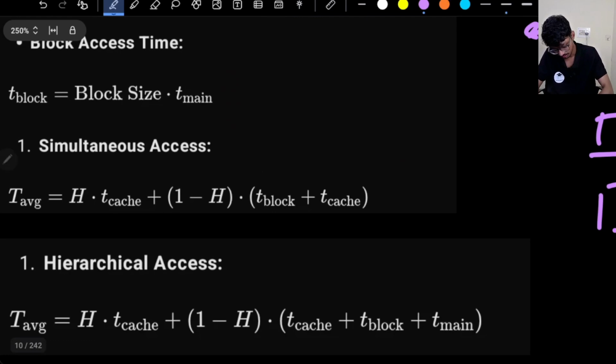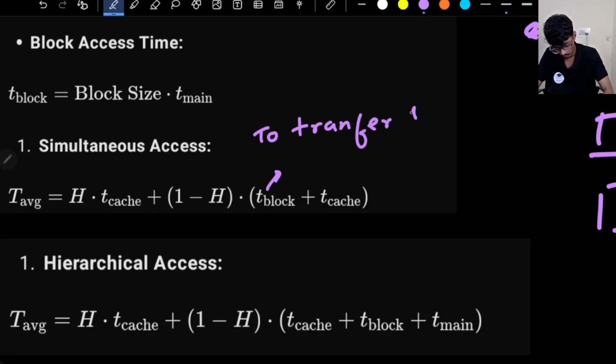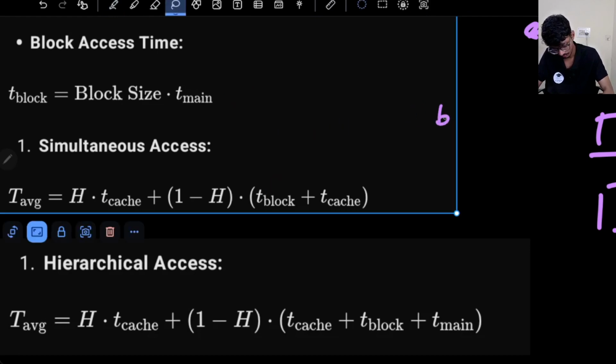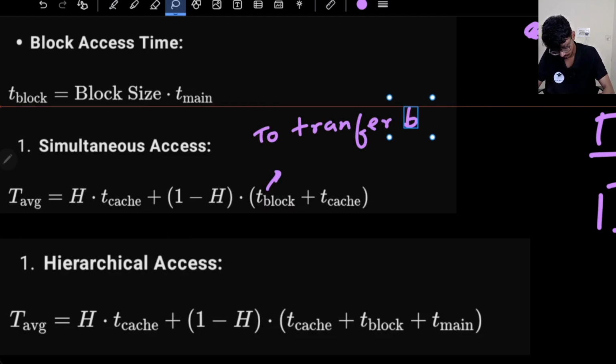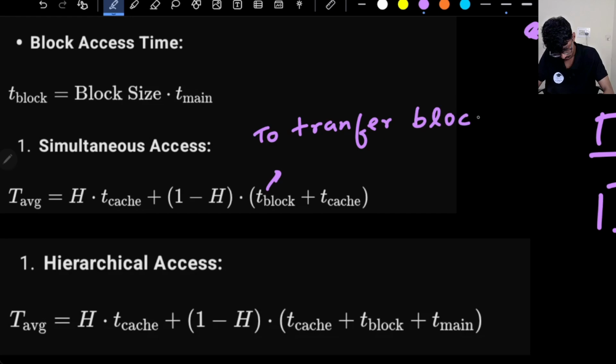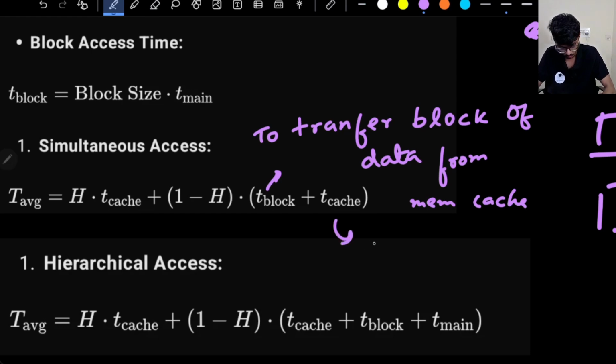So t block is the time required to transfer one block of data from main memory to cache, and t cache is the time required to bring the data from the cache to the CPU.